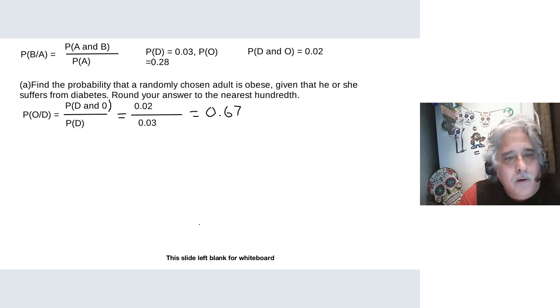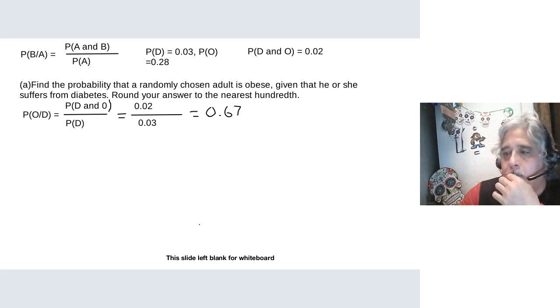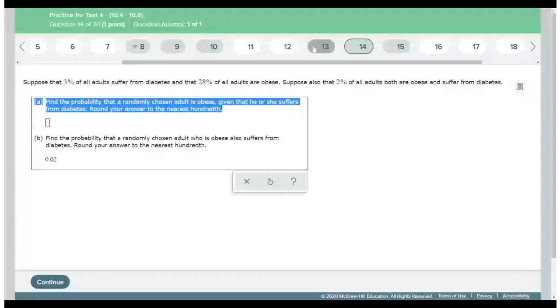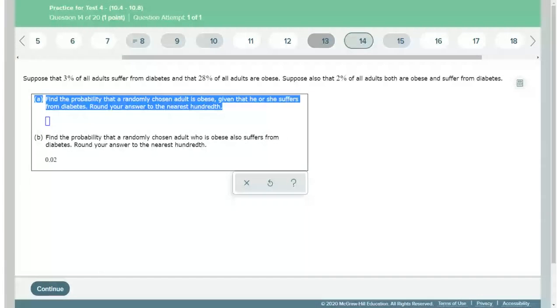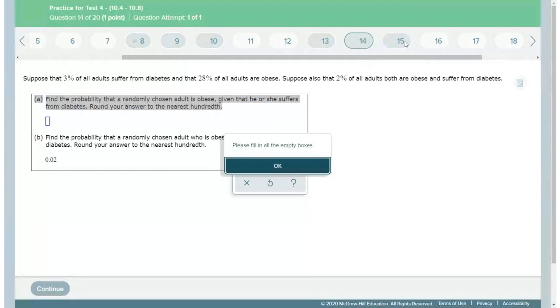All right. So that was number 14. Let's see what number 15.